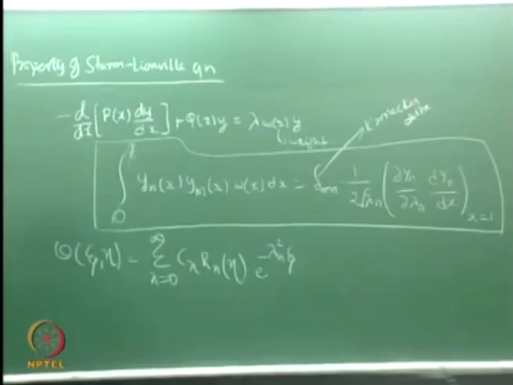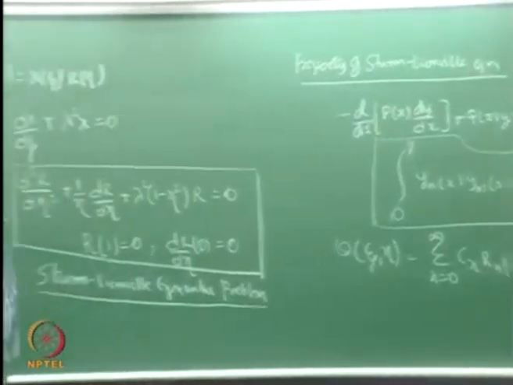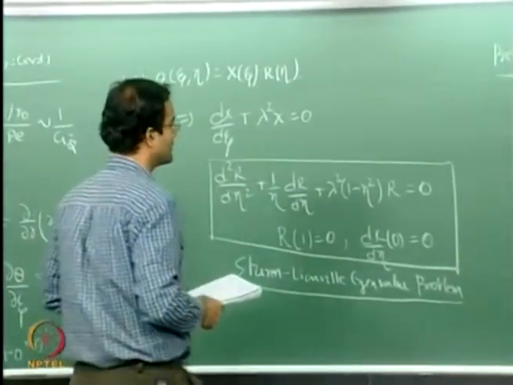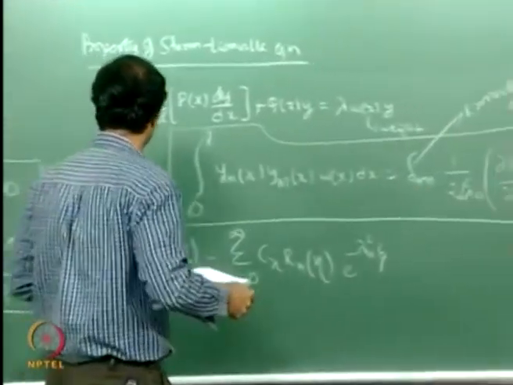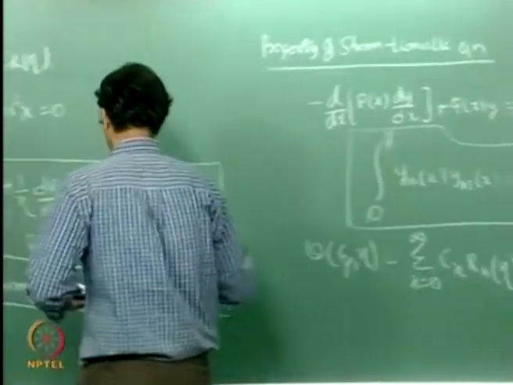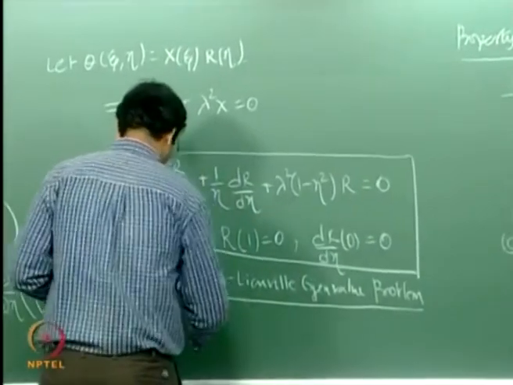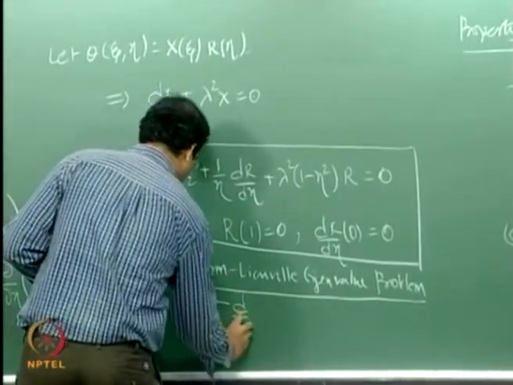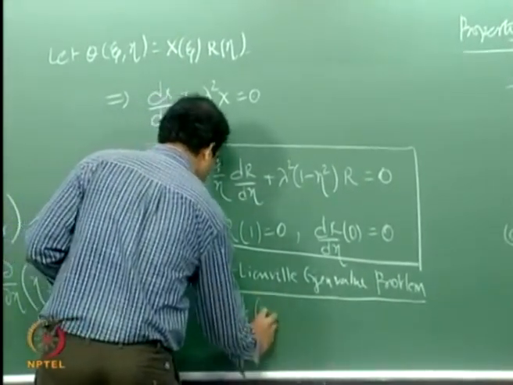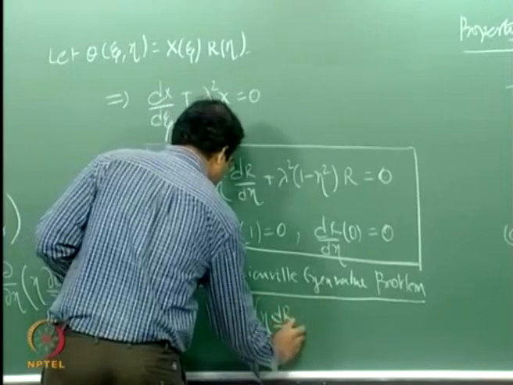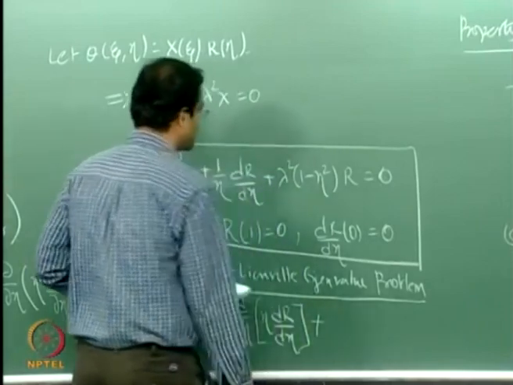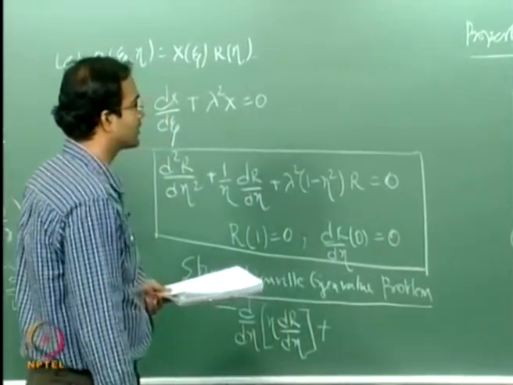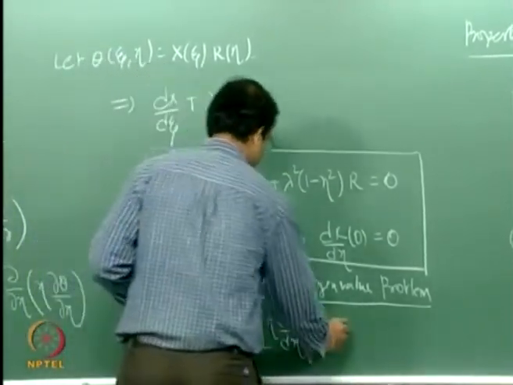Now if you compare your eigenvalue problem to the Sturm-Liouville problem, you can write your eigenvalue problem in the Sturm-Liouville form. That comes out as minus d by d eta of eta dr by d eta, plus the term corresponding to q of x, which is 0 here.